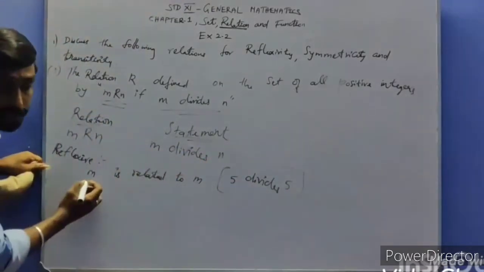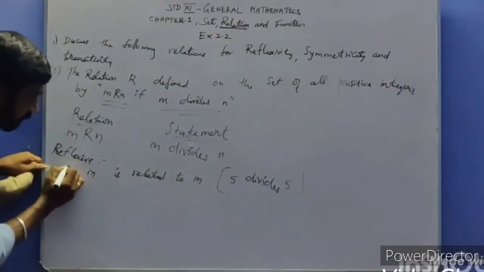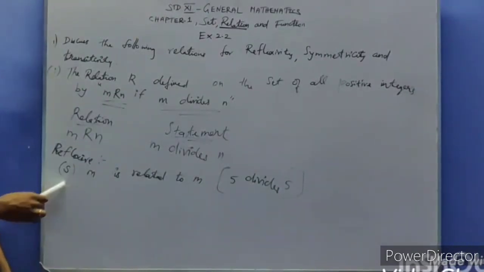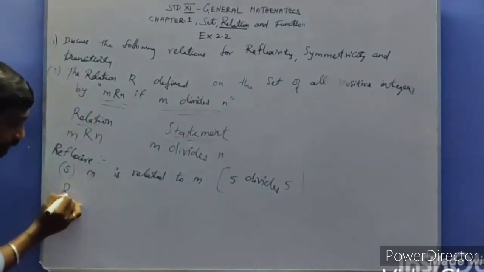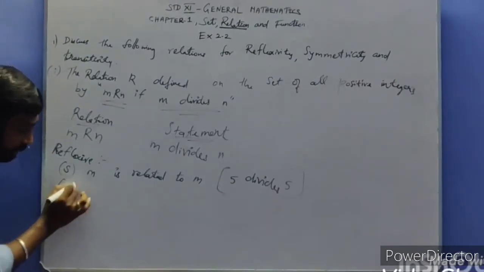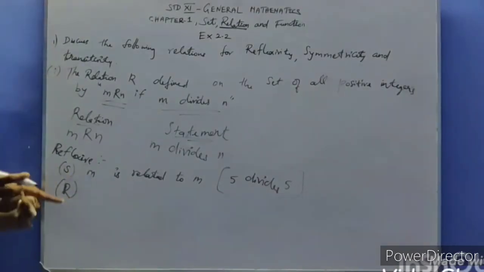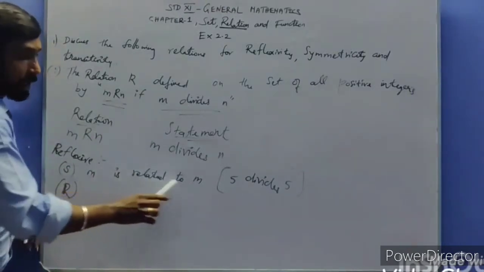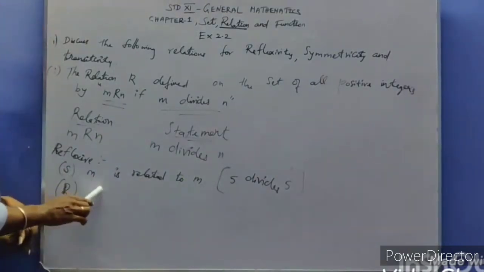So next, for every reflexive sum, first we have to find out the statement, next we have to find out the relation. The first statement will be m is related to m. That is the statement.